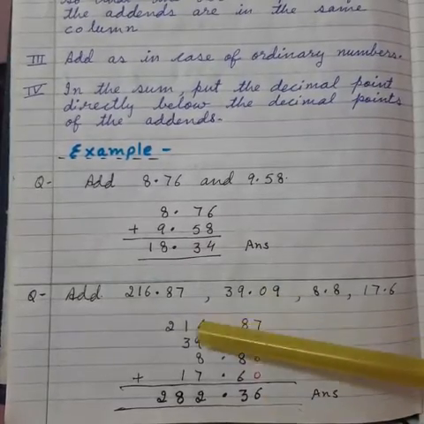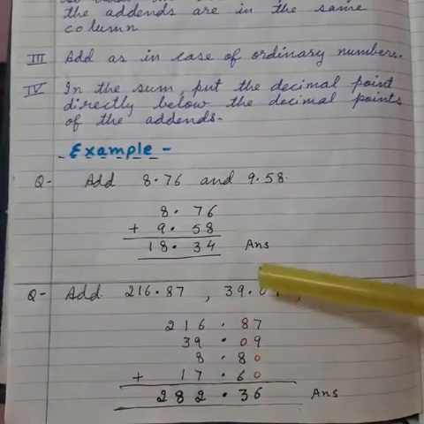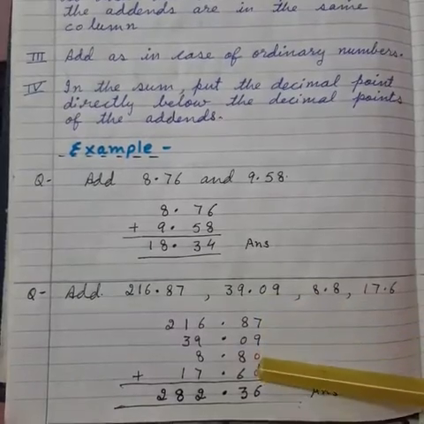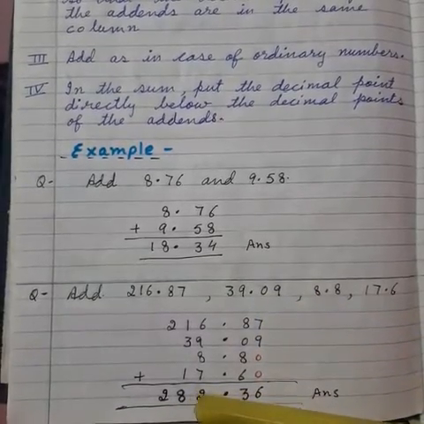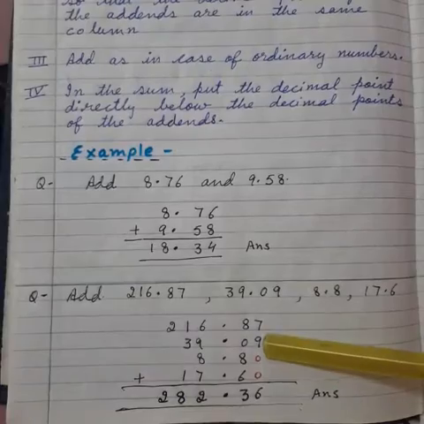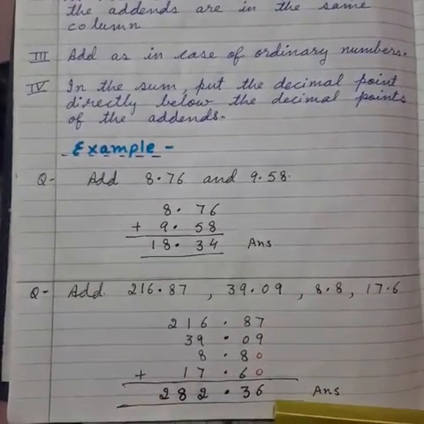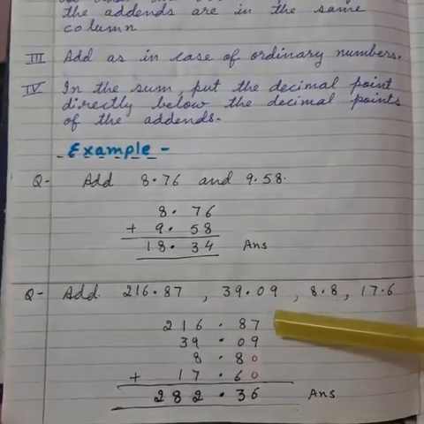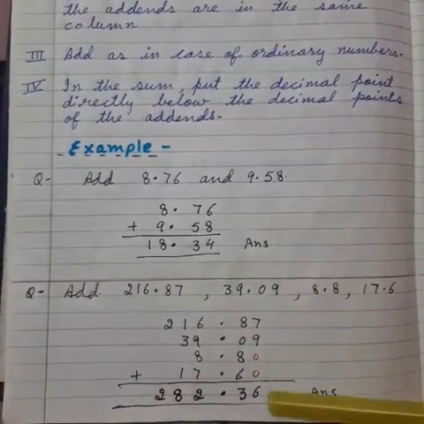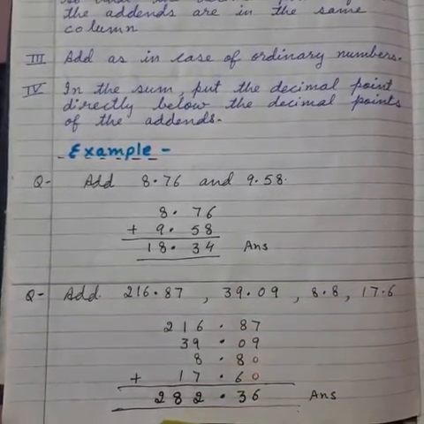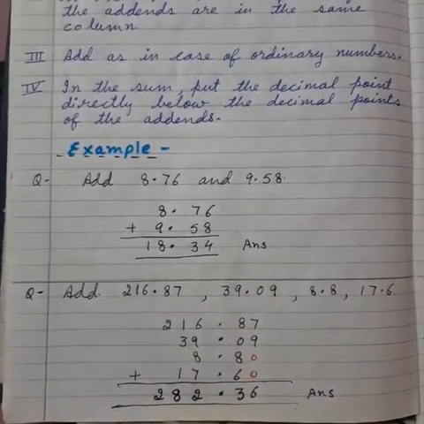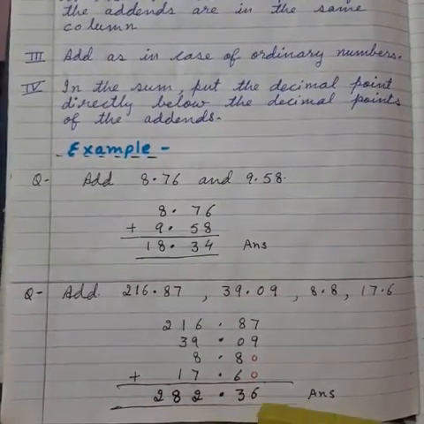Now we see that 8.8 doesn't have a hundredths place. Same is the case with 17.6. So we will arrange zeros here so that all the columns are complete and then we can add. So simply we will add, we will get the answer as 282.36.